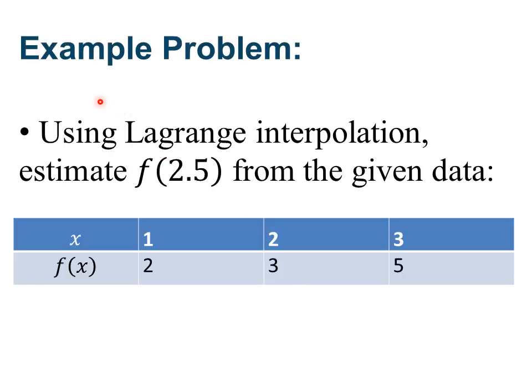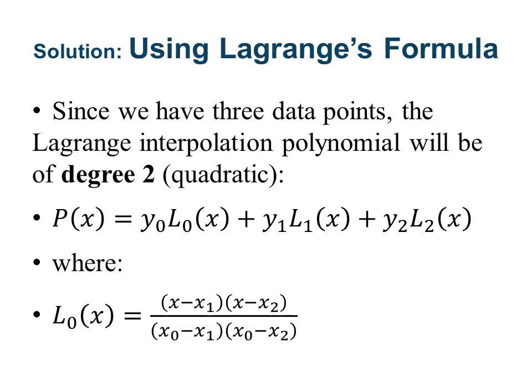Now we will start an example. Using Lagrange interpolation, estimate f(2.5) from the given data. The value of x is given. The value of f(x) is given. Using the Lagrange formula, since we have three data points, the Lagrange interpolation polynomial will be of degree 2, meaning quadratic.